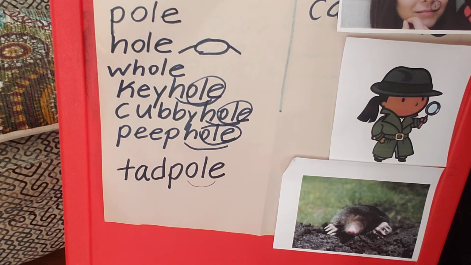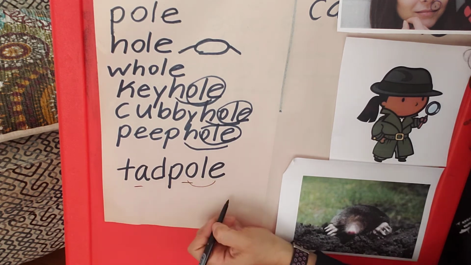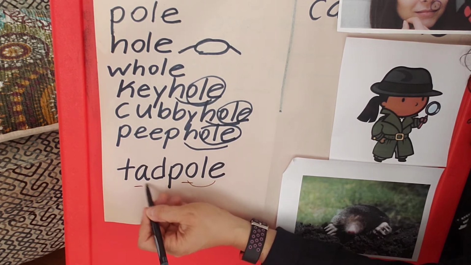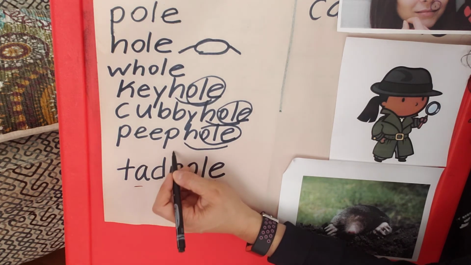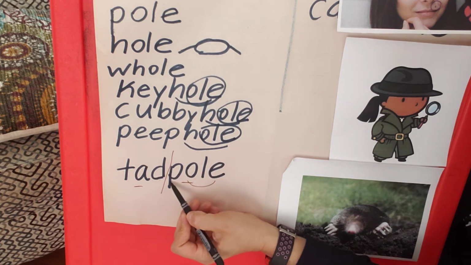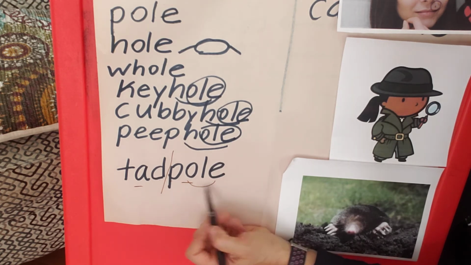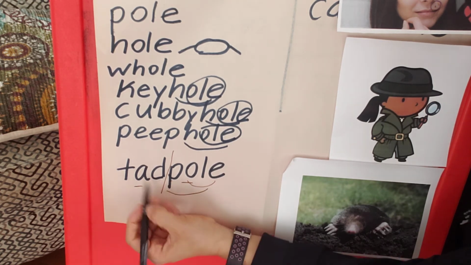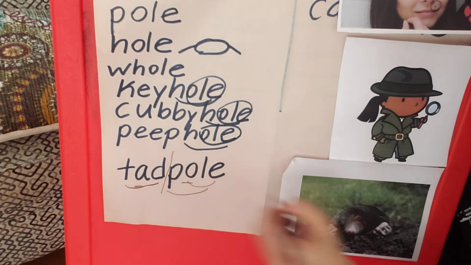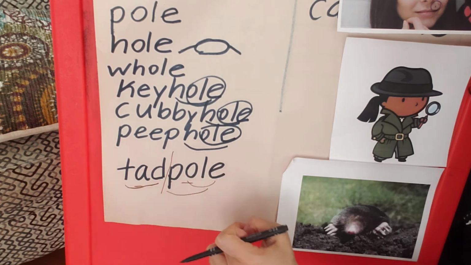And then if we break this up into syllables by looking at our vowels and making sure that there's a consonant at the end of the vowel and breaking it up this way. This ending part with the OLE, p, o, p, pole. So that's pole. And the beginning part is just a consonant vowel consonant word, tad, tad. This word is tadpole.